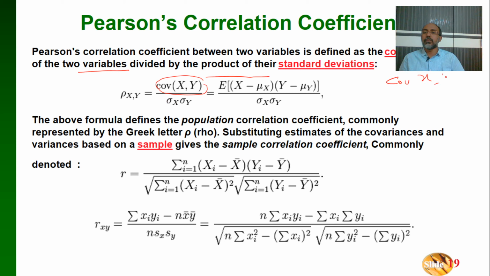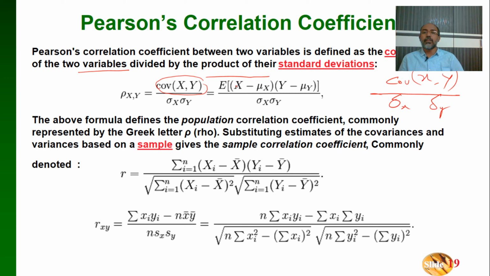This subscript x says standard deviation of x, the x variable's standard deviation, y variable's standard deviation. This is the covariance of both.